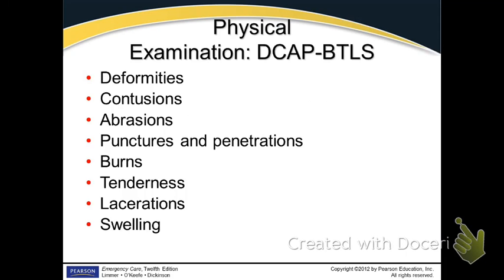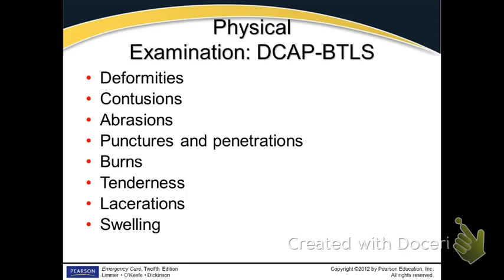This acronym here, DCAP BTLS, you just need to remember that in the trauma patient, this is what you're looking for. You're looking for deformities, contusions, abrasions, punctures or some type of penetration, wounds, burns, tenderness, lacerations, and swelling. So when you're doing your trauma assessment skill, on the board or on your blank piece of paper, go ahead and write DCAP BTLS down.